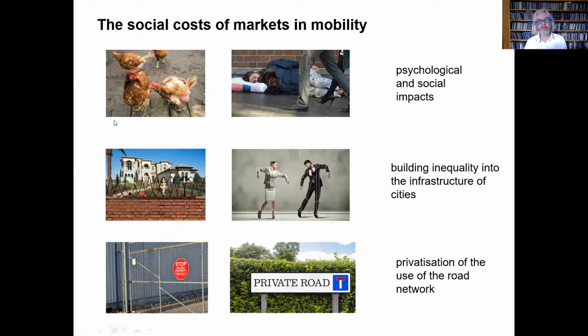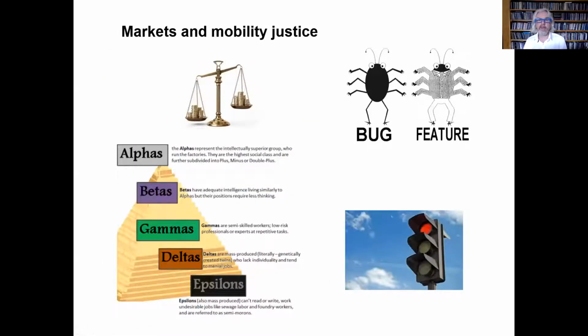As I remarked at the beginning, one of the hard things about presenting this work is that what seems to us a potential bug will, I think, seem to a lot of people to be a feature of this system. So I suspect people's responses to this idea, that we should use the technological potential of connected autonomous vehicles to extend pricing to the entirety of the road network, so that every minute of time on the road could be priced efficiently according to the market, will depend in part on what you think of the virtues of the market.